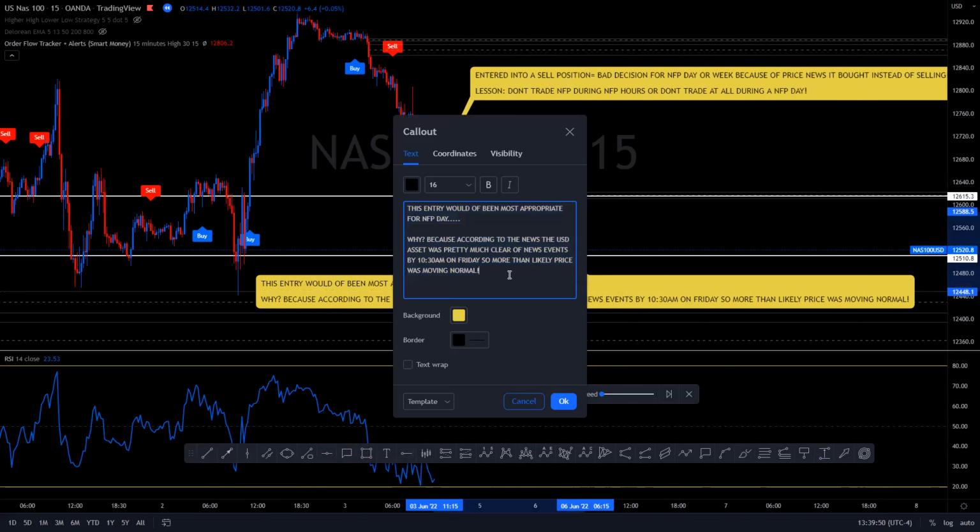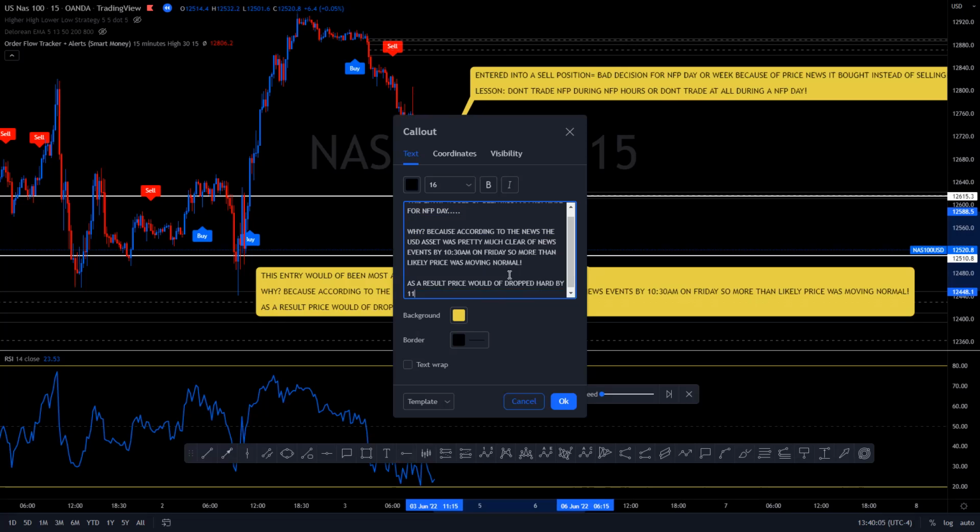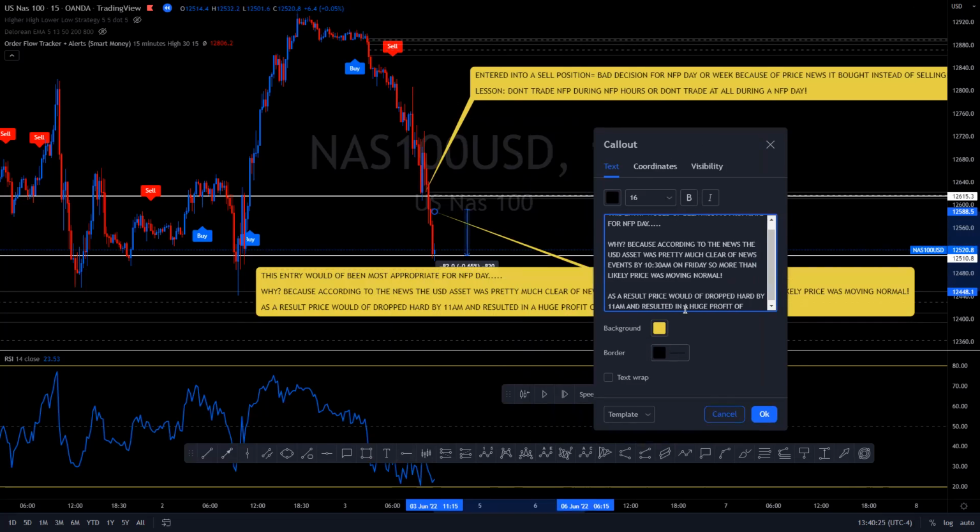Click here, and I could say, as a result, price would have dropped hard by 11 a.m. and resulted in a huge profit of, let me move this over, 800 plus pips in NAS100 and would have been a successful day trade.